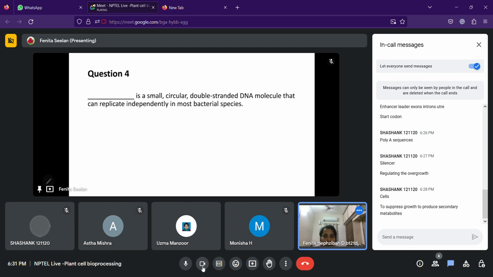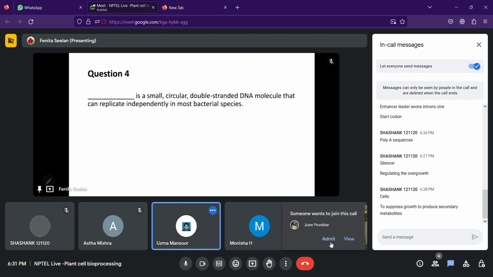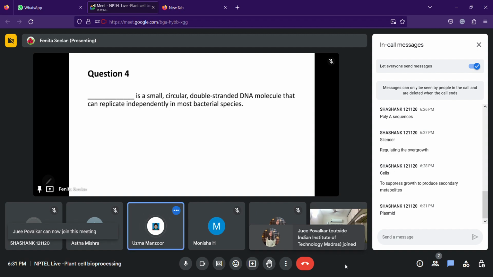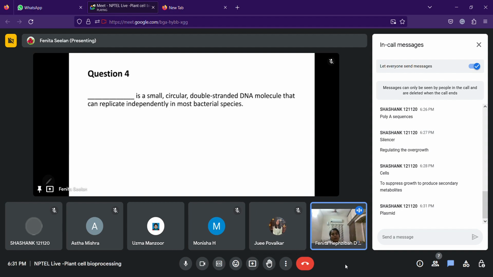A plasmid is a small circular double-stranded DNA molecule that can replicate independently in most bacterial species. Plasmid, yes. Okay, now let's talk about plasmids.